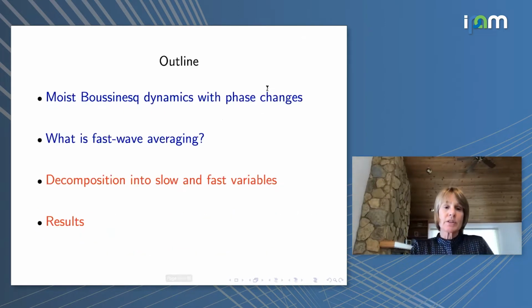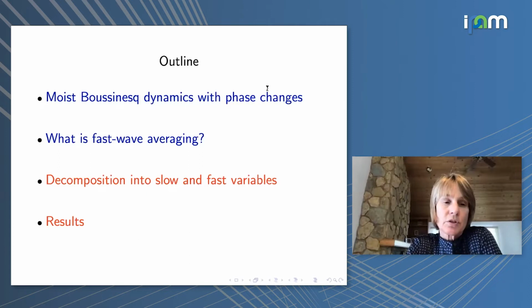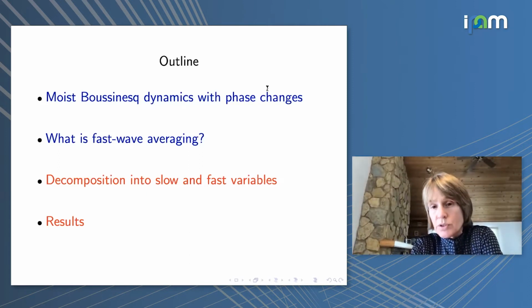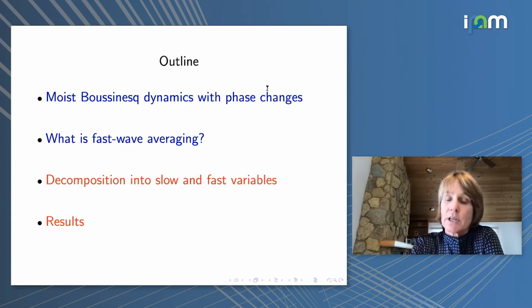Okay, so for the rest of the talk, I'm going to start by introducing the moist Boussinesq model that we use that includes phase changes of water. And then I'm going to talk about the technique that's called fast wave averaging that Embid and Majda used and how we extend it.